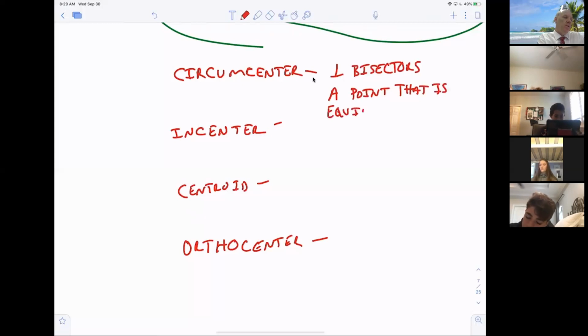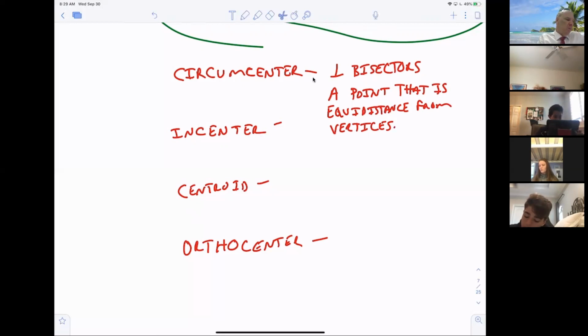Equidistant. Thank you. Equidistant from the what? From the angles, or we can say from the vertices. Perpendicular bisectors allow you to find the point that is equidistant from the vertices.